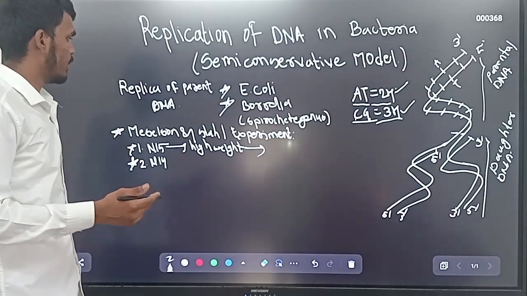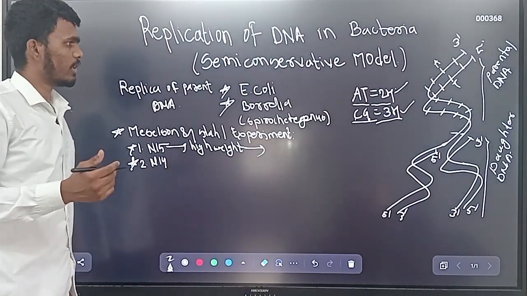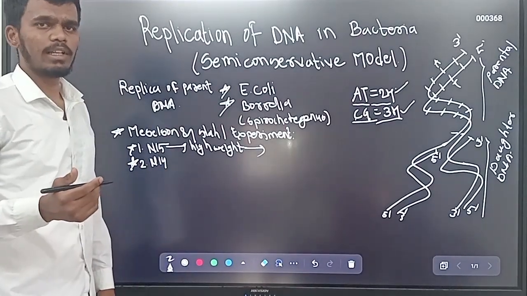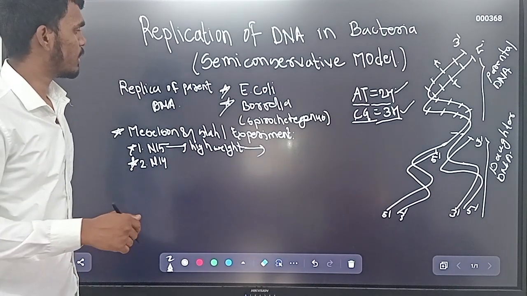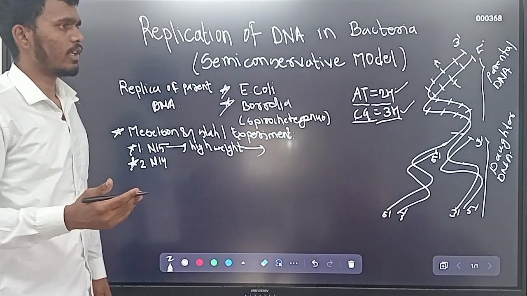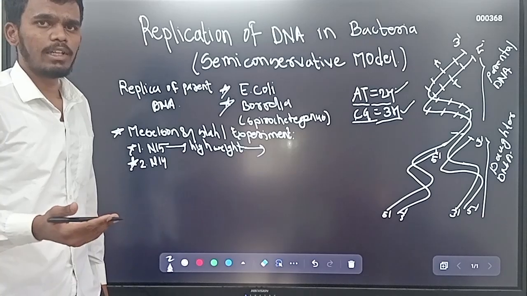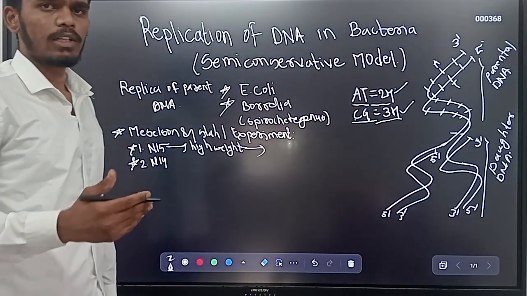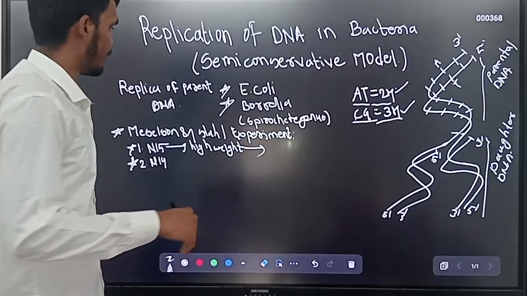In this experiment you will understand that nitrogen 15 is an important factor that will help us understand why this experiment shows the semi-conservative nature of DNA replication in prokaryotes like Escherichia coli as well as Borrelia.